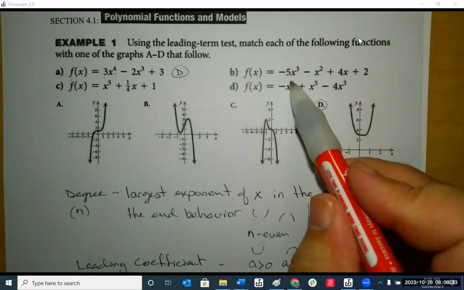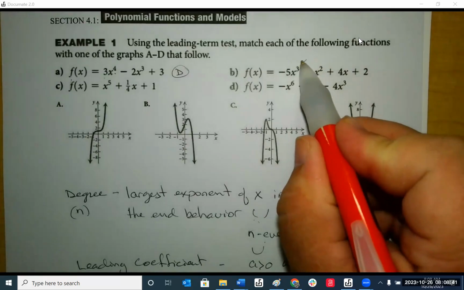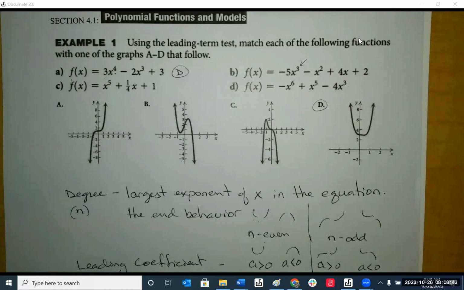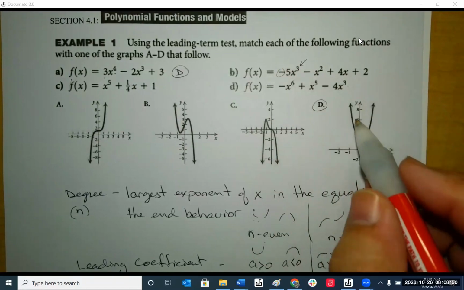How about B? What does this one tell us? No, that's not what it tells us. What does the degree tell us? They go opposite directions, right? And then the right-hand side, since it's negative, goes down.